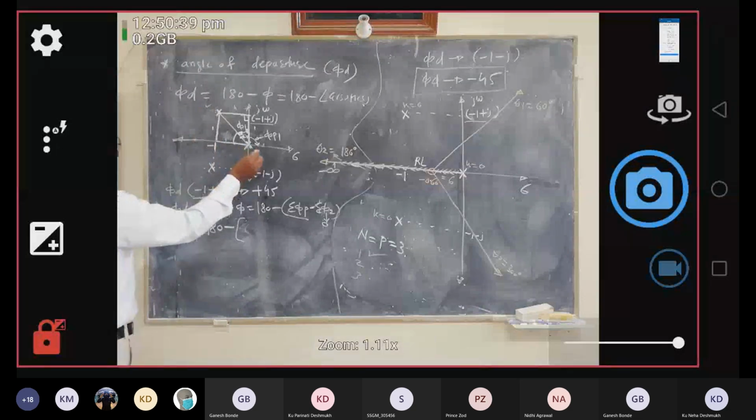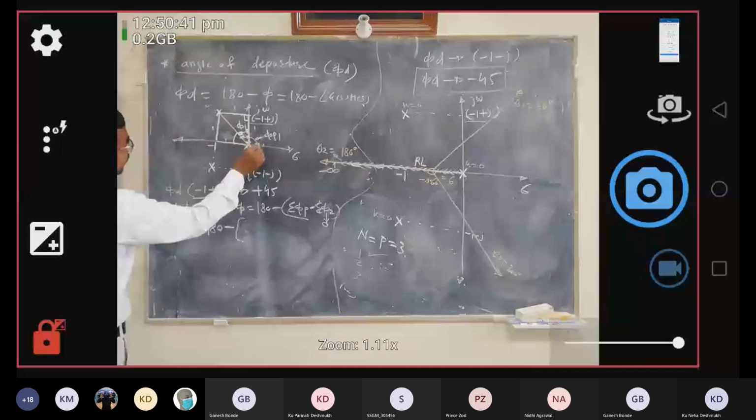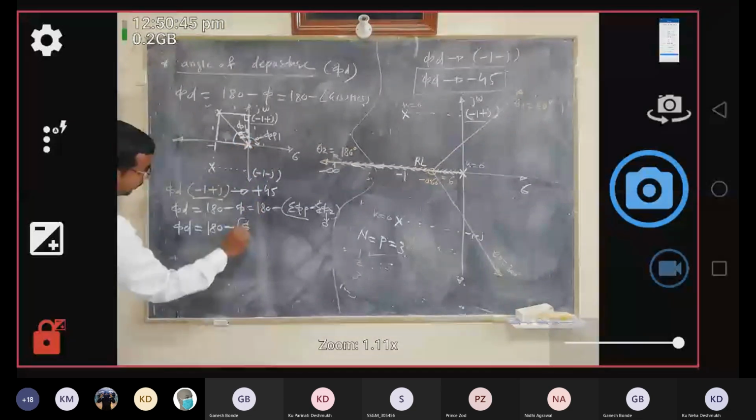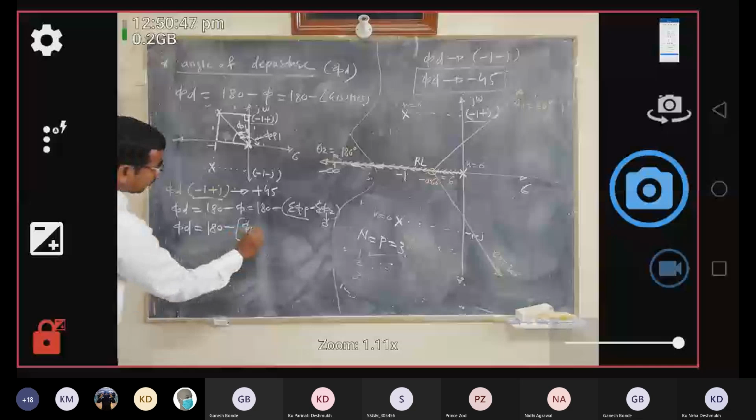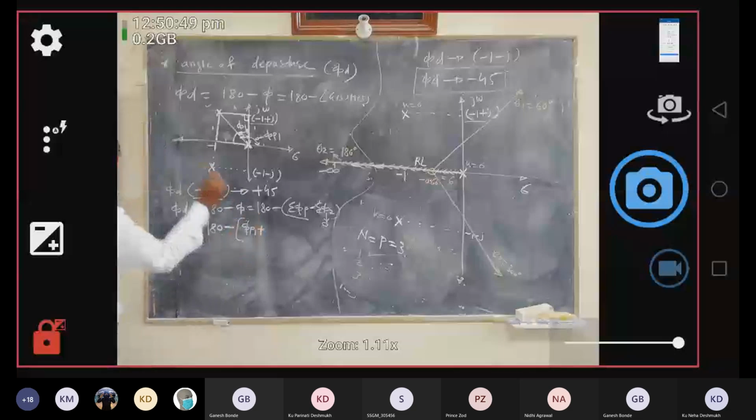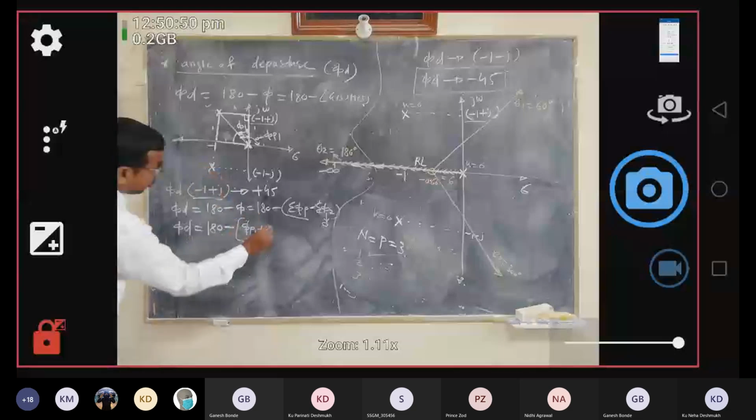So therefore here phi p1 is the angle contributed by the pole at origin, and phi p2 is the angle contributed by this complex pole with respect to this pole. So now you can recalculate it. 180 minus, the value of phi p1 we have already calculated, this 90 degree.